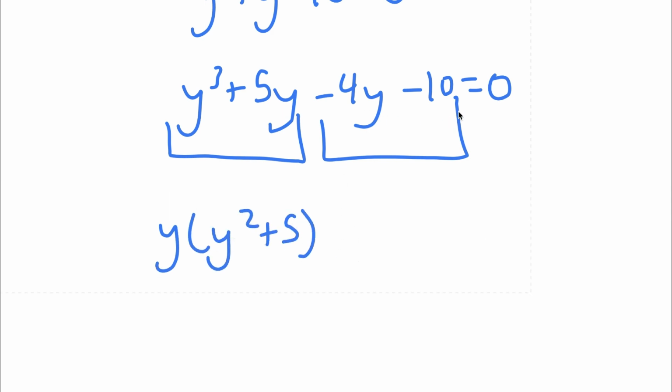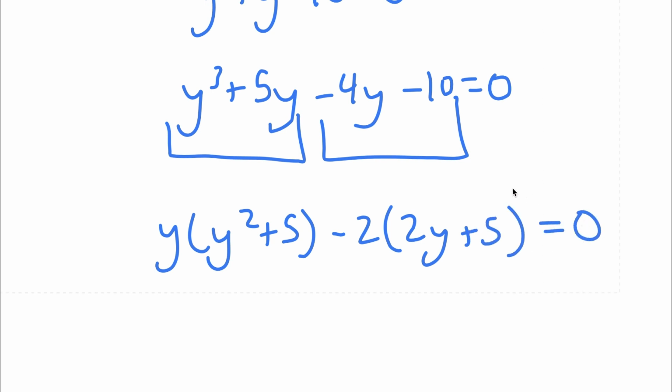And for negative 4y minus 10, the greatest common factor is negative 2. So I have negative 2 times 2y plus 5, and this is equal to 0.